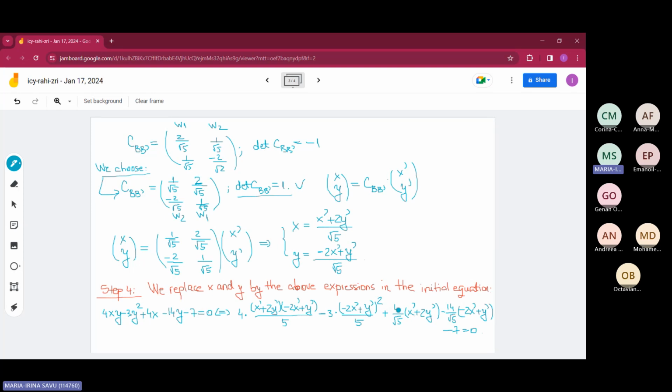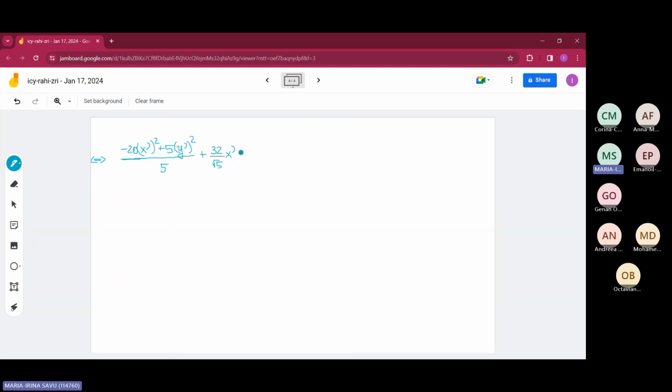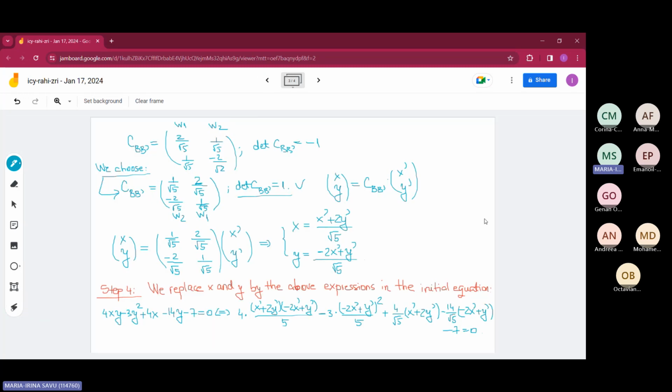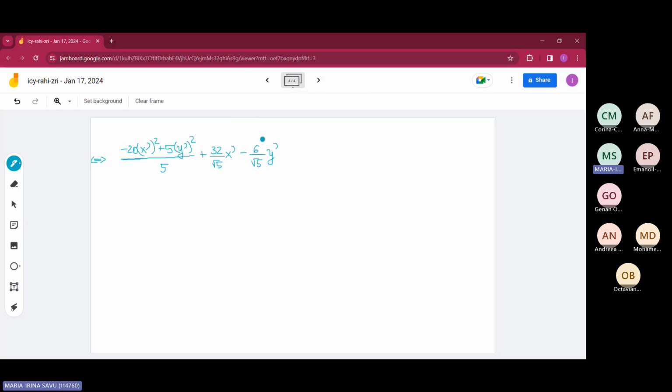And here we have 8 and minus 14, which means minus 6. So we have minus 6 over square root of 5y prime. And then we have a minus 7 in the end. Minus 7 equals 0.